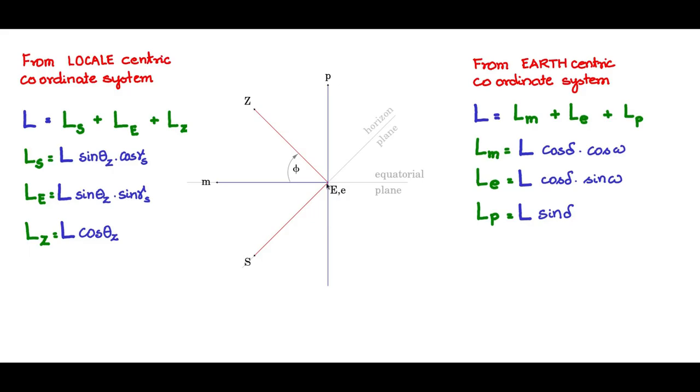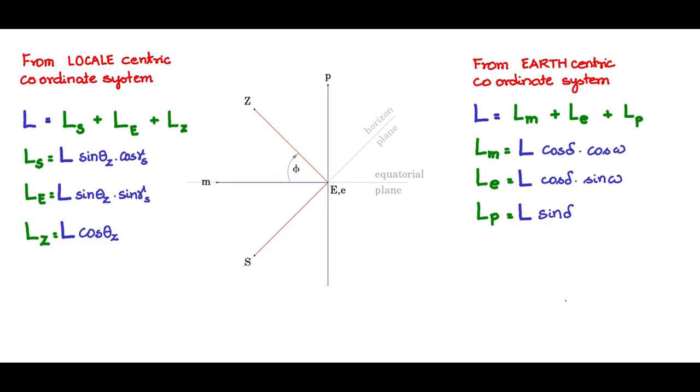So you will see that the axis profiles are like this, and then we have merged the horizon plane origin and the equatorial plane origin in this fashion. We can now represent or obtain the insolation along the zenith axis in terms of the equatorial plane or the earth centric coordinate system parameters.